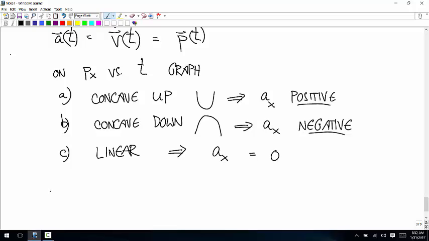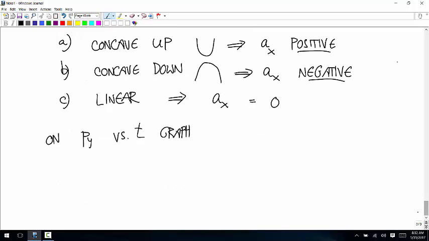And the same thing works for the y position versus time. So on the py versus time graph, concave up means the y component of the acceleration is positive.